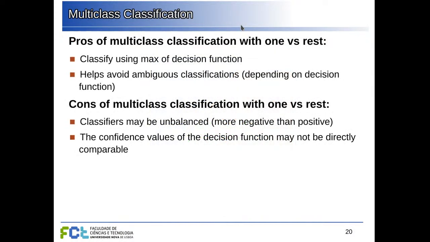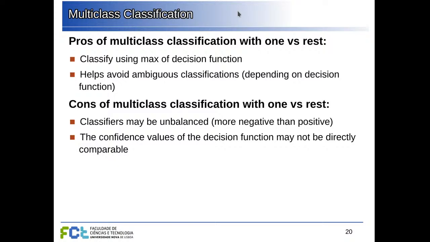And then there is the problem that we are comparing the decision functions, for example, the distance to the hyperplane or the estimated probability or something like this. We are comparing the decision function of different classifiers, but it's not necessarily the case that it's always in the same scale, or that it can really be compared.